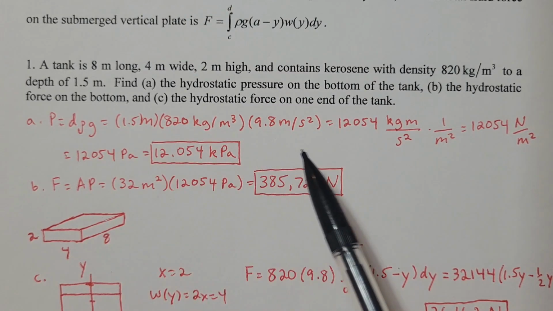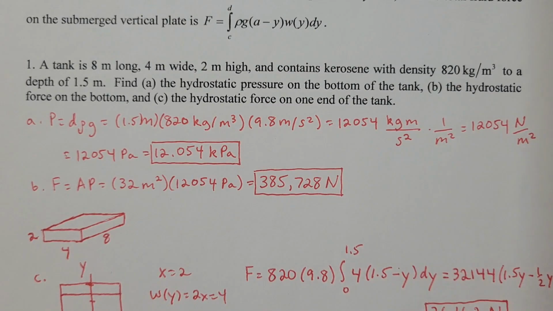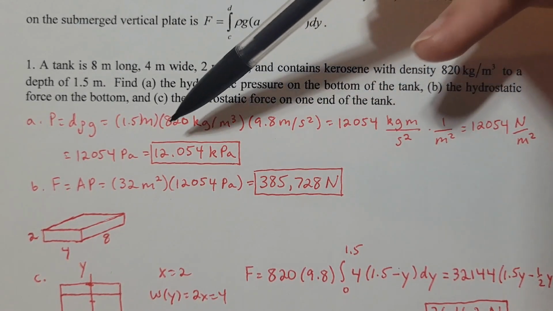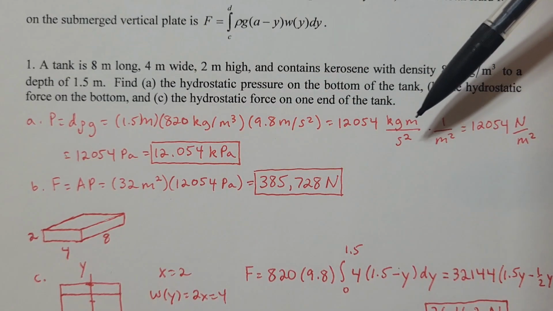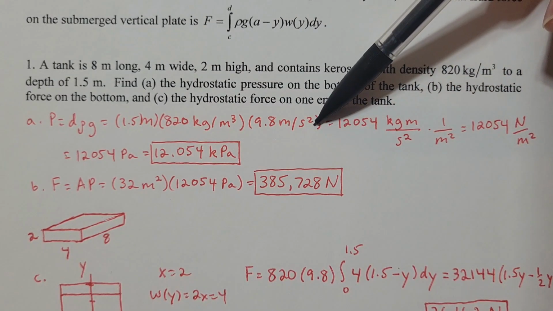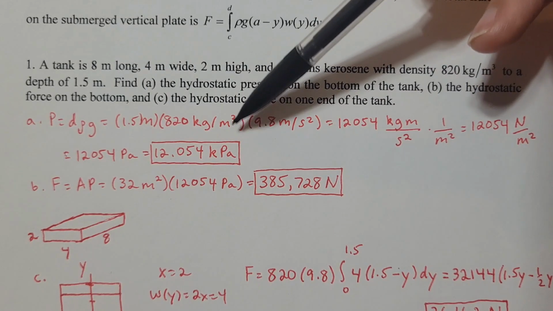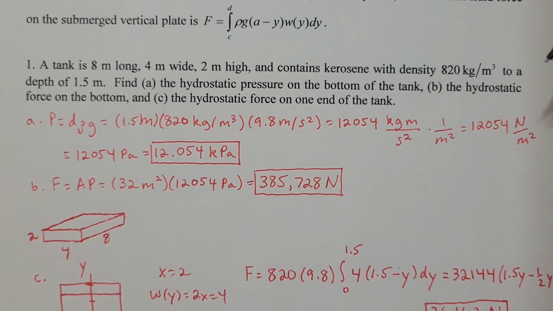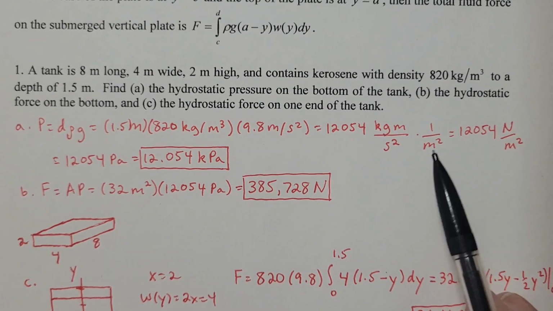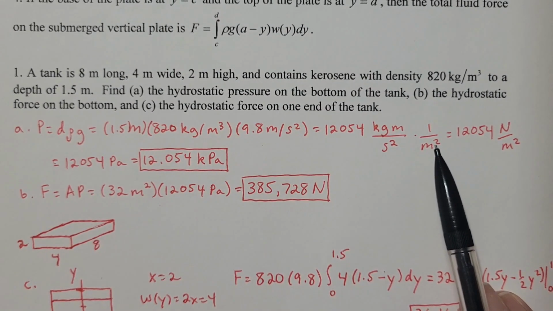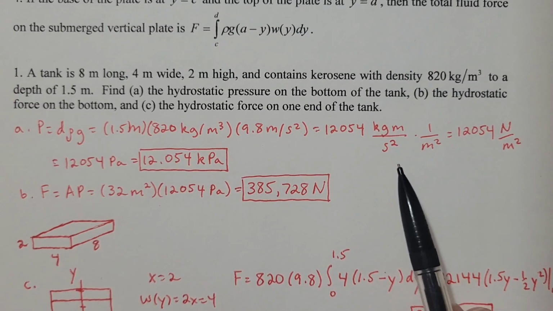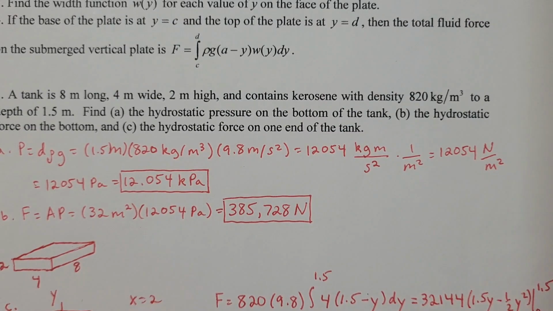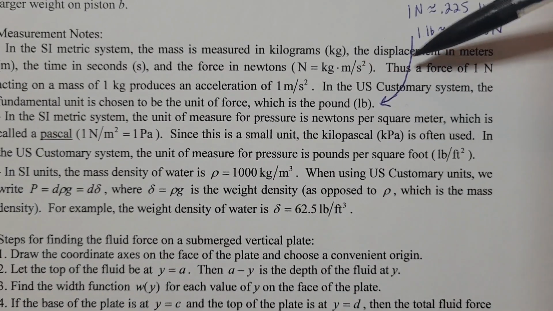When I multiply these three numbers, I get 12,054, in kilograms times meters divided by square seconds, with square meters left over in the denominator. 1 kilogram times 1 meter divided by 1 second squared is by definition 1 Newton, what I was talking about up here.